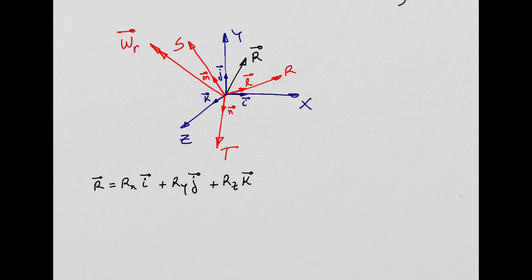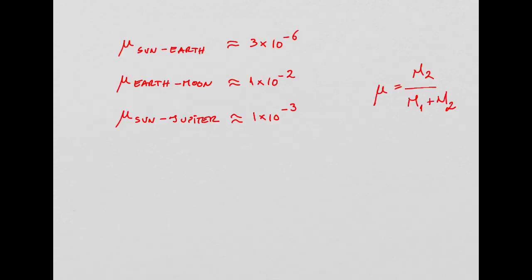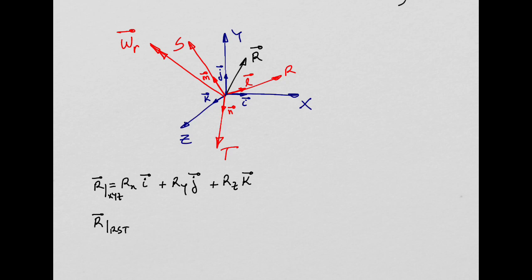So this is if I represent this vector in the x, y, z coordinate system. But I can also represent this vector in RST. Then that will be the component R along the L direction, plus the component S along the M direction, plus the component T, which is along the N direction.